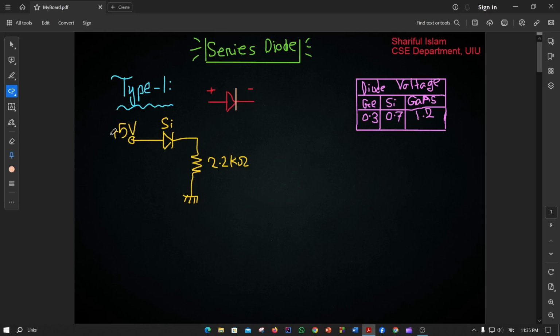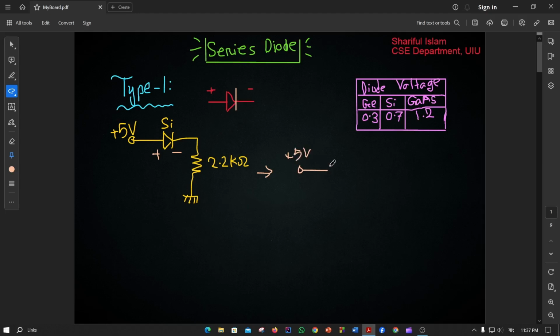In type 1, what's inside there? 5 volt, silicon, 2.2. Just look at the voltage terminal and diode terminal. The 5 volt goes through the silicon diode, and here the silicon diode is forward bias. Why? The positive 5 volt goes to the positive terminal of the diode, so the voltage can easily pass through the diode.